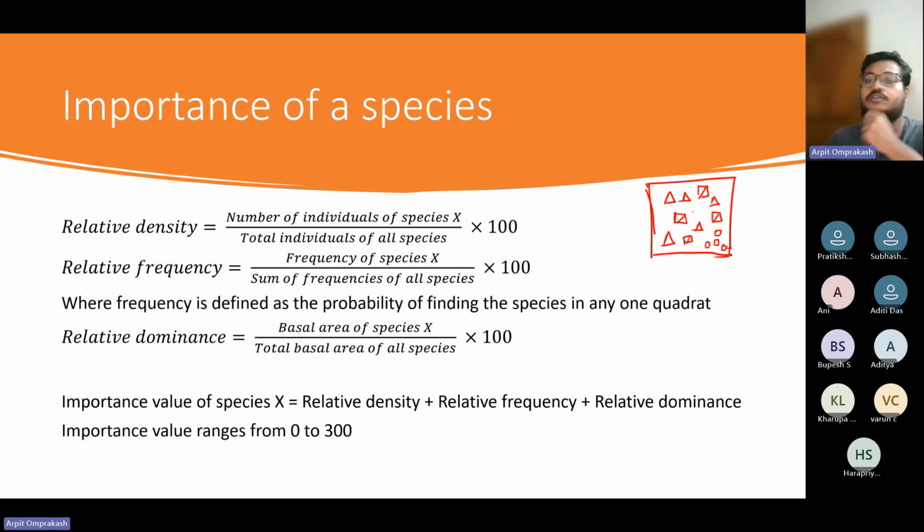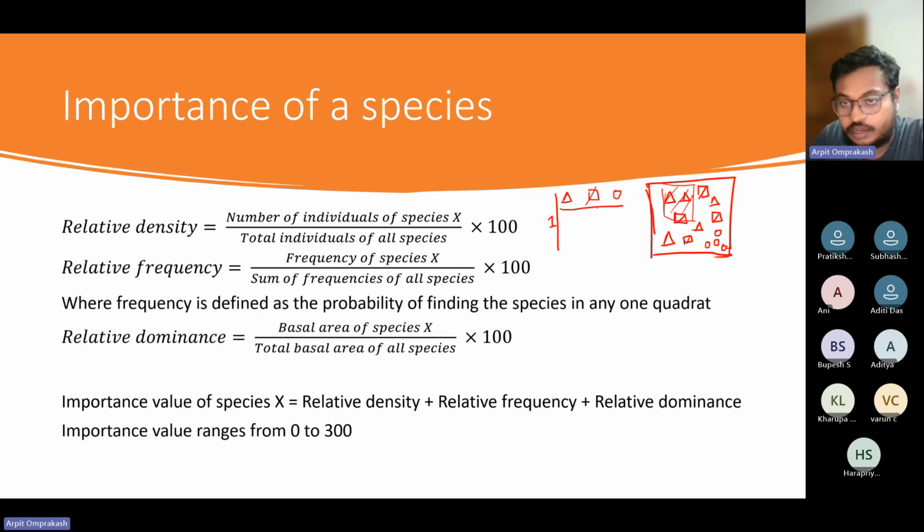You have three species. So let's say you have an area like this. And what we do is we take quadrants inside the area. Okay. And then we see, so this is one species, this is another, this is the third.